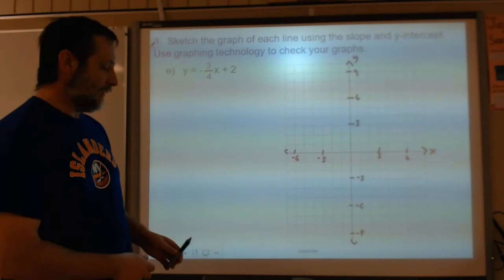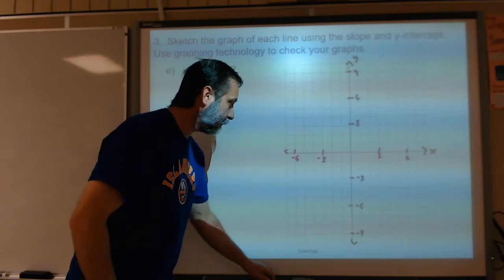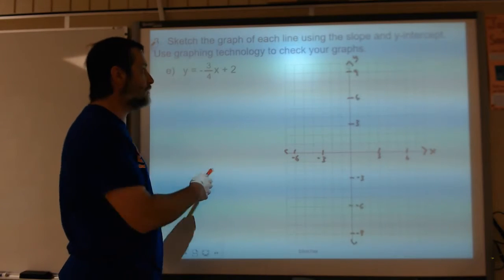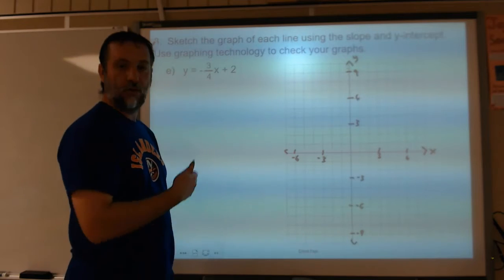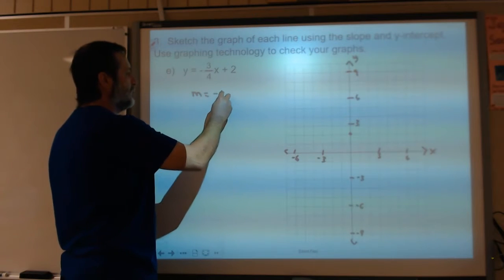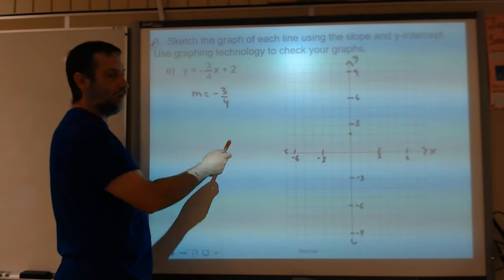And there we go. My points are plotted. I drop my marker. So my slope m is negative 3/4. My y-intercept is plus 2. Start with the y-intercept. And from there, my slope is negative 3 over 4. So I'm going to rise negative 3, run 4.